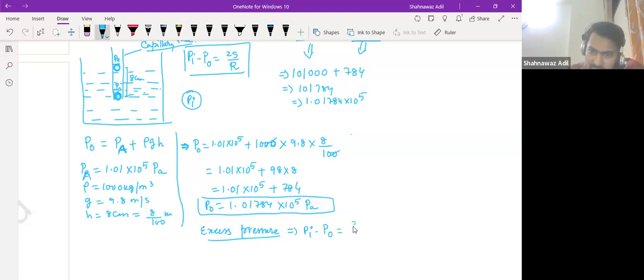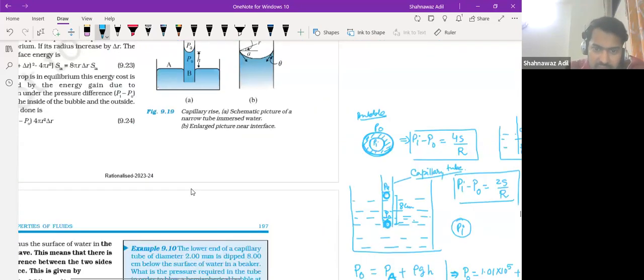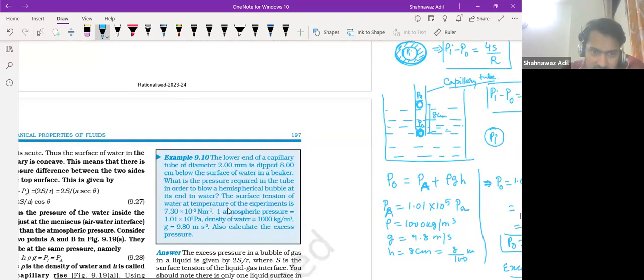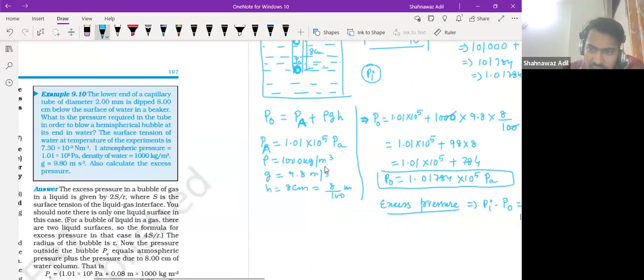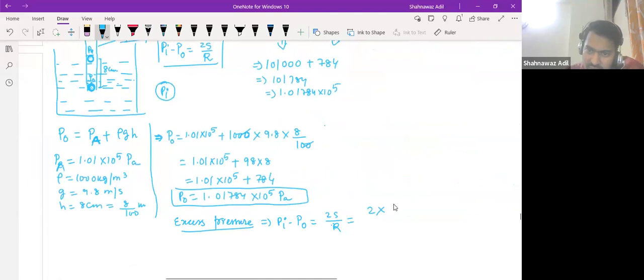That is 2S by R, as Rishida has said. Right. So 2S is how much? Surface tension is how much? Surface tension is 7.30 into 10 to the power minus 2, right? This is 7.30 into 10 to the power minus 2.